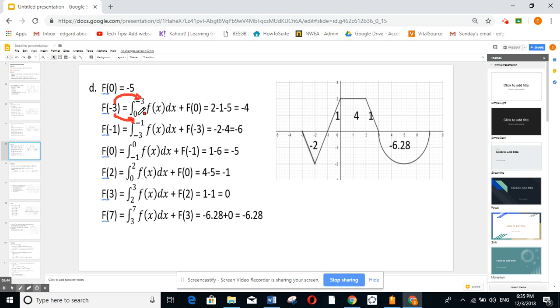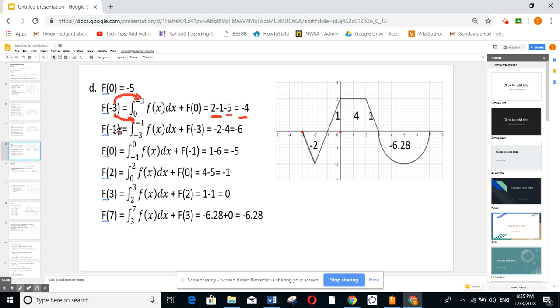Now, because 0 is bigger than minus 3, I must put a minus before and permute. So I want from 0 till minus 3. The area upper and below, but because I need to put a minus, I put 2 minus 1, just the opposite, 2 minus 1, and f of 0 is given as minus 5, so the answer will be minus 4.